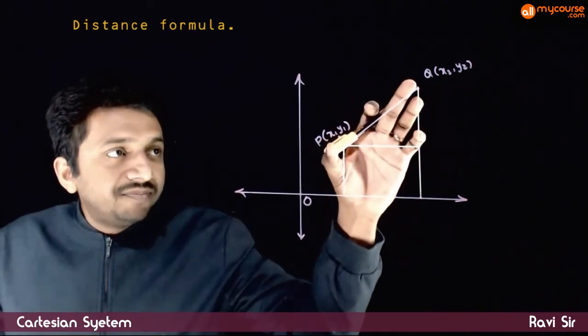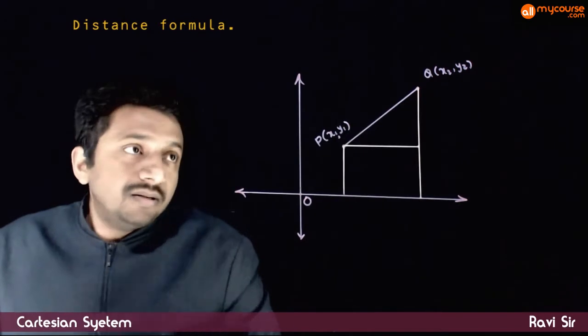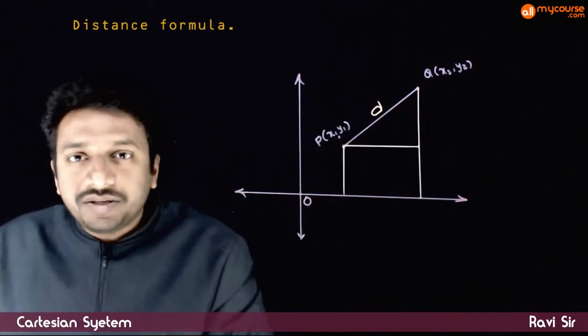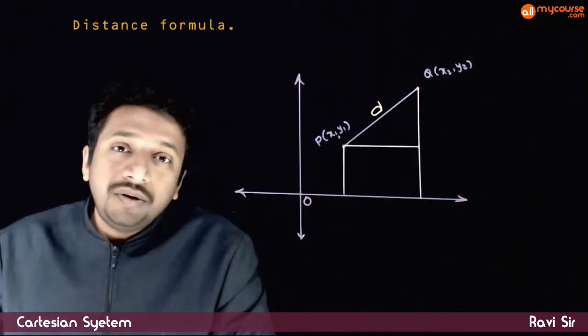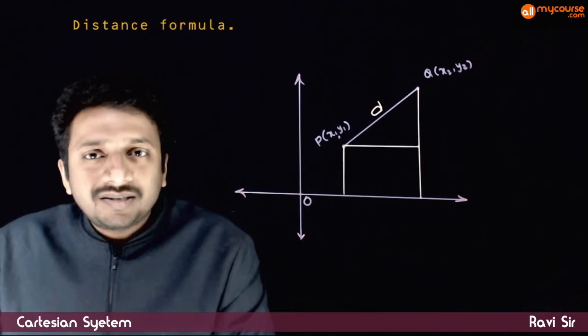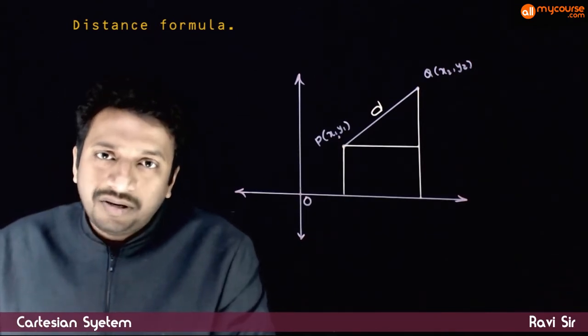So as you can see, let me plot these 2 points on the coordinate system. So how do we find the distance d between these 2 points? Whenever you need to find distance, the most straightforward method is to see whether you can form a right angle triangle or not.